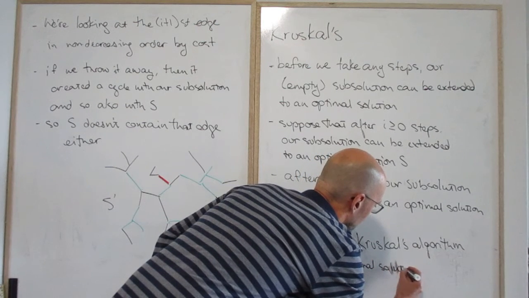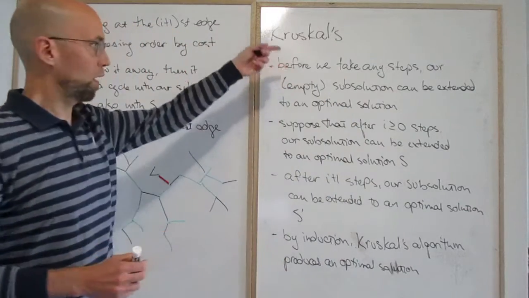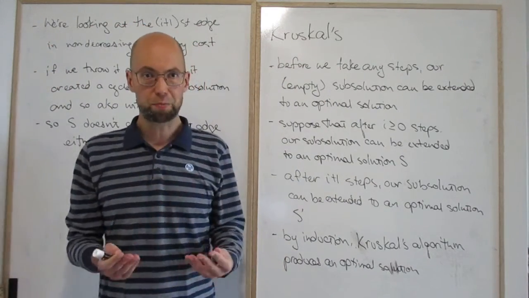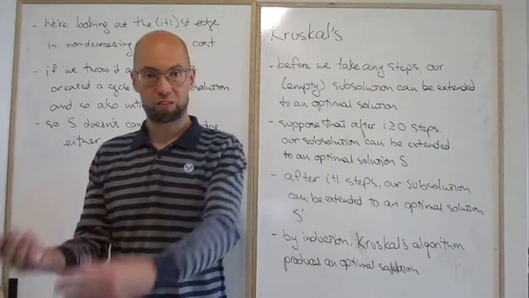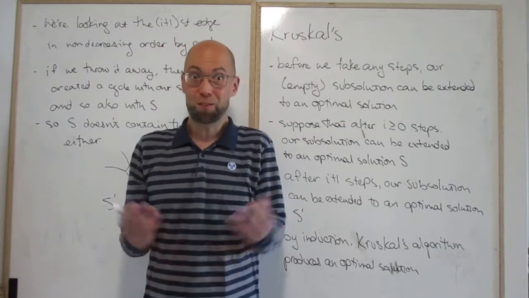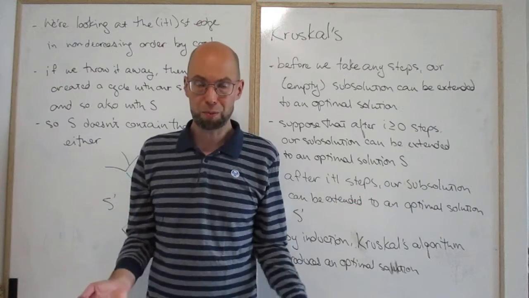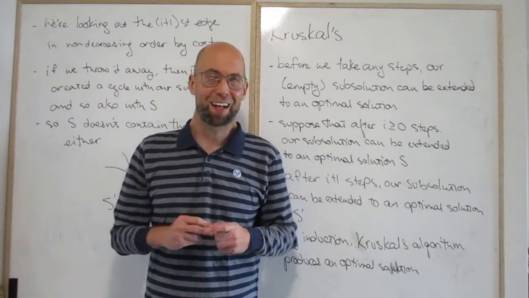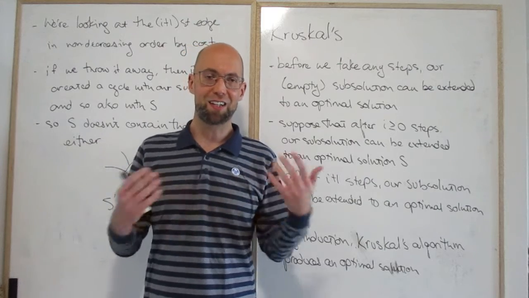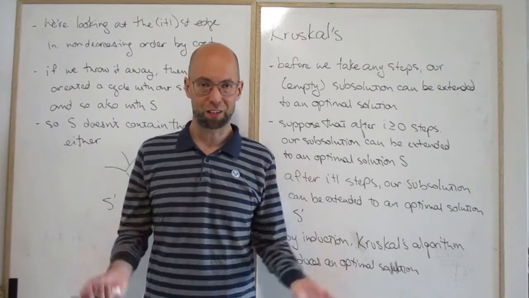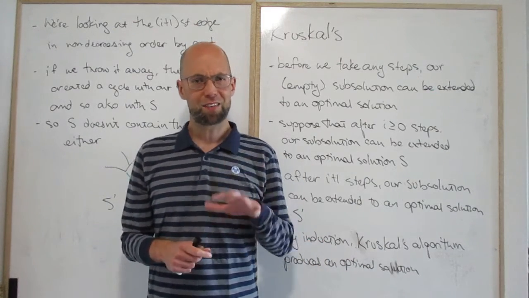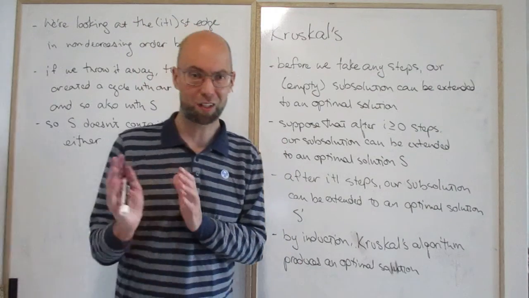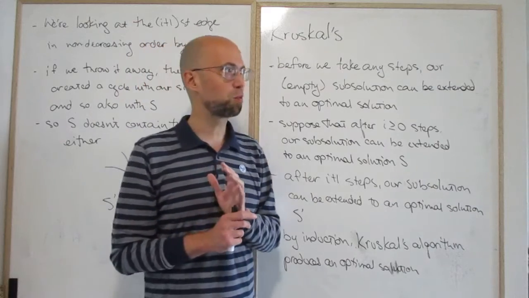Because if you haven't messed up before you've taken any steps, and then if you haven't messed up by the ith step for i greater than or equal to 0, then you don't mess up on the i plus first step, then you don't mess up. By induction, you don't mess up, so you end up with an optimal solution. You actually have to show that you terminate as well. There are not an infinite number of edges, so yes, the algorithm terminates. That's not an issue on this problem, but for stuff like network flows, it's sometimes not obvious how you prove termination.